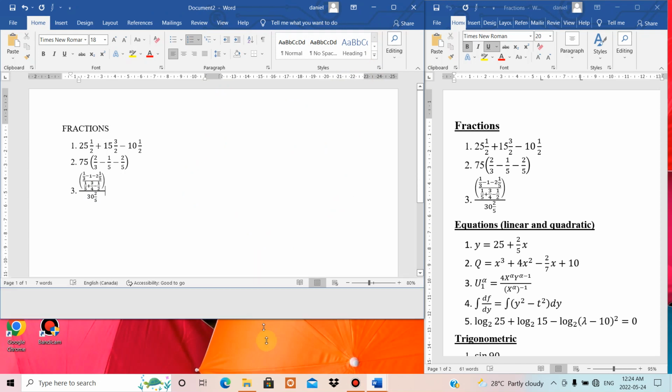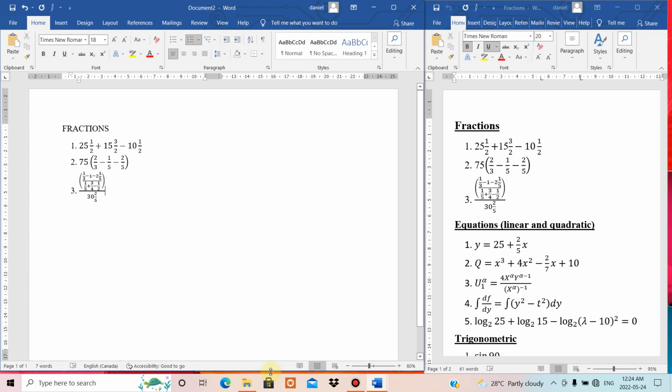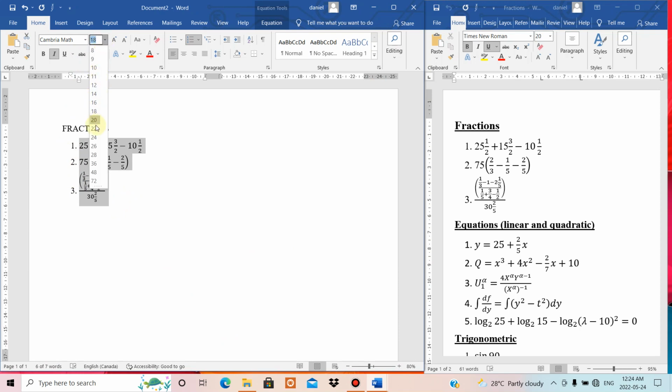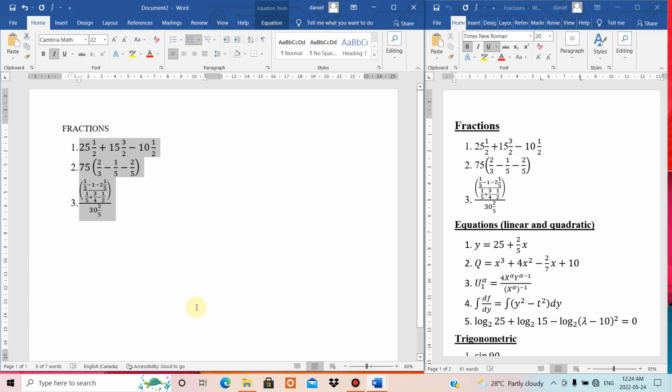I believe we are all learning something. So I can choose to increase the size so that we can see it very well. Okay, so you can pause this video and type as many fractions as you can to make yourself more abreast.